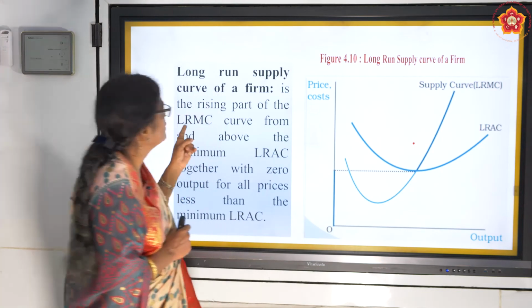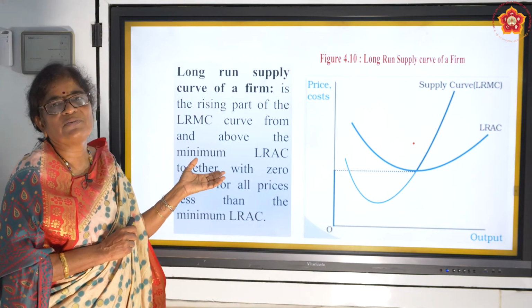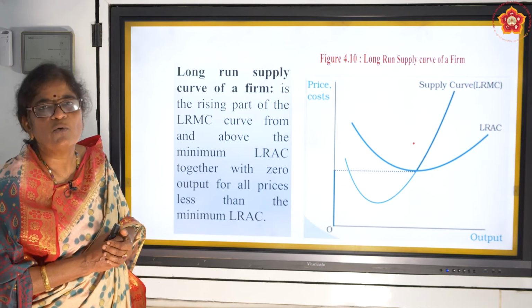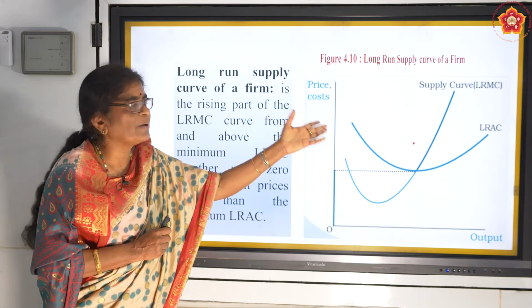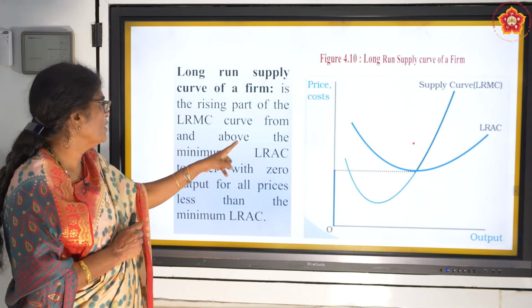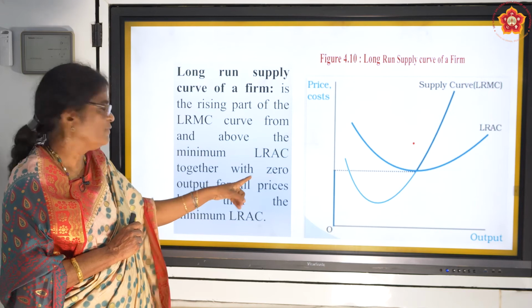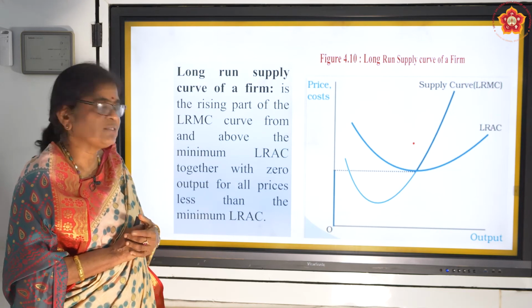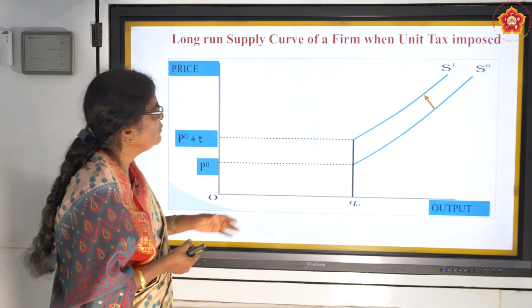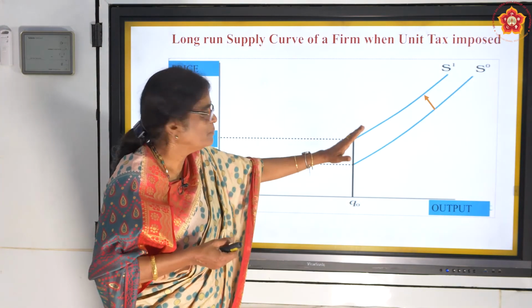Therefore, it is important that you define this again. If you know the supply curve, you know how the supply curve will move. Therefore, the supply curve is nothing but part of LRMC: the rising part of the LRMC curve from and above the minimum LRAC, together with zero output for all prices less than minimum LRAC. Now we are showing that segment only.